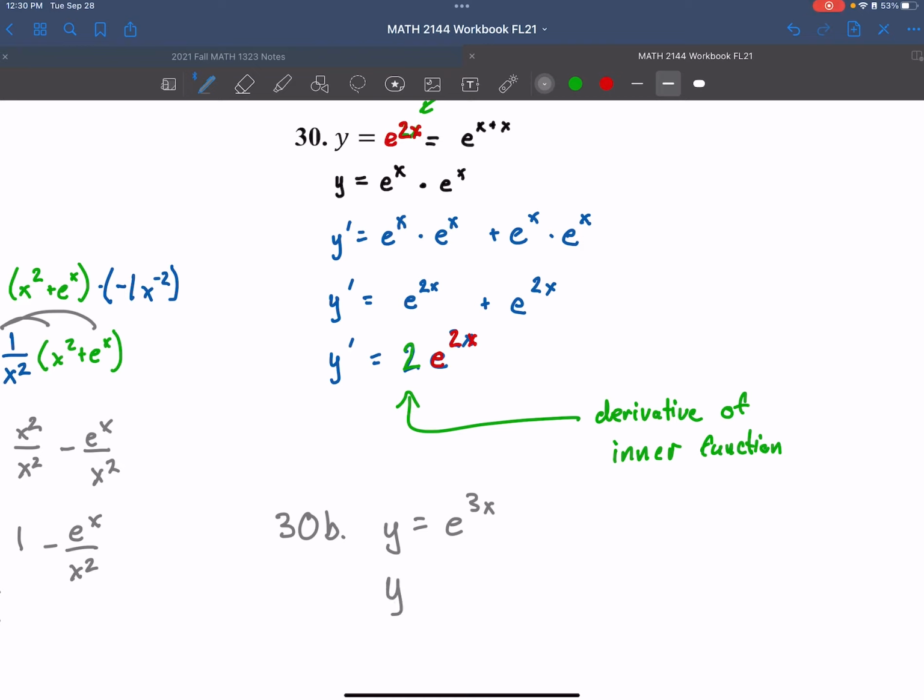You can just quickly say the derivative is e to the 3x times 3, or 3e to the 3x. So that's a little shortcut based on the idea we just looked at in 30. If you don't recognize that pattern, you can always just do the product rule twice.